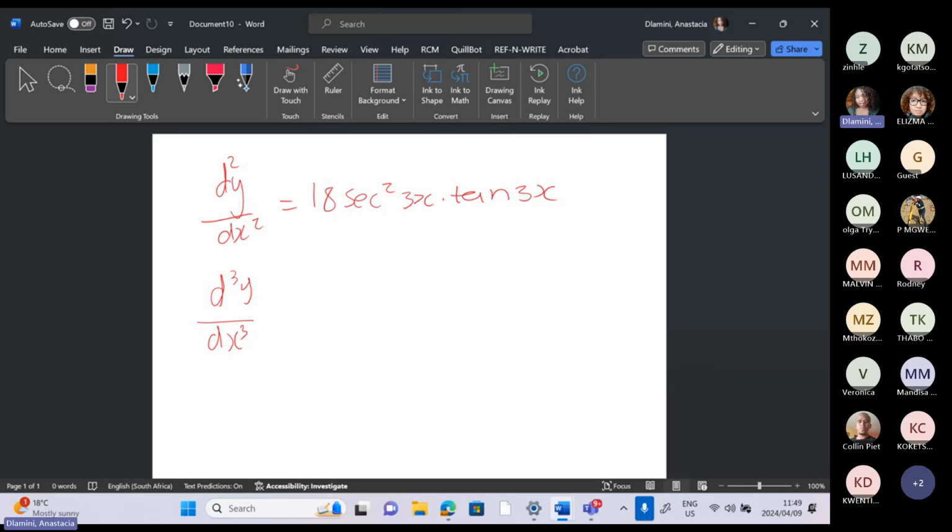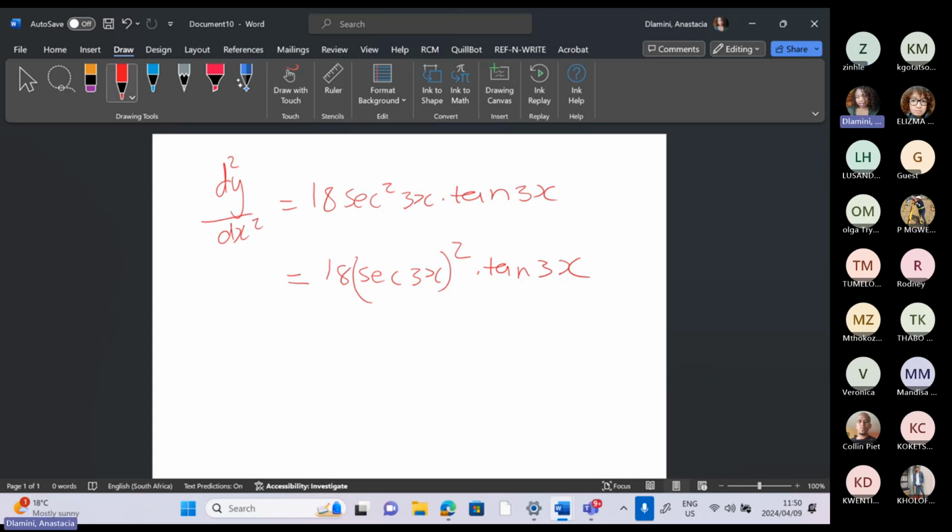So you're saying let's simplify the top first, and you're saying 18 sec 3x squared times tan 3x. That's what you're saying. Yes, ma'am, and then do chain rule.